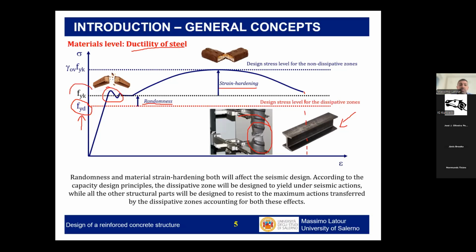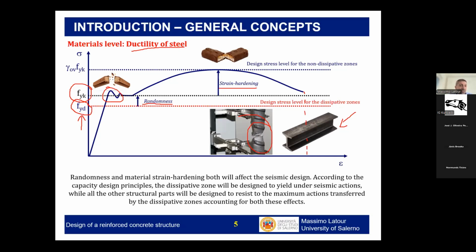It will be the characteristic value, but in reality it can be even larger because typically it will be closer to the average value, but in any case, this will be related to some statistical concept. So, of course, if I am designing a structure with steel bars belonging to the class B500, so they have a yield stress of 500 megapascal, I know that in reality, this is the minimum guaranteed value.